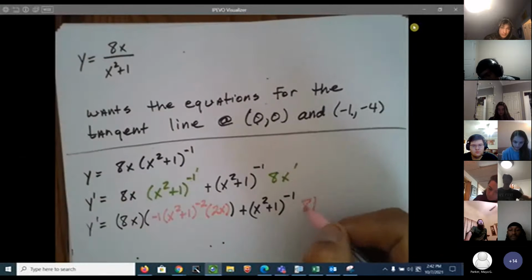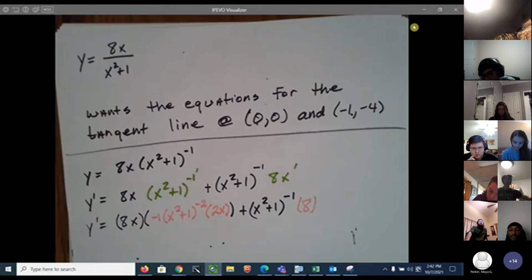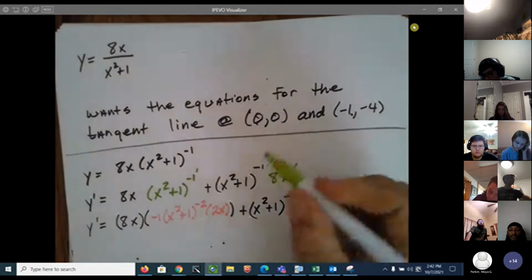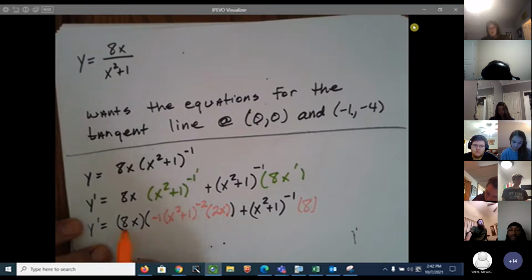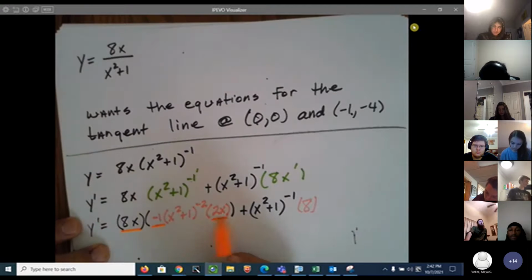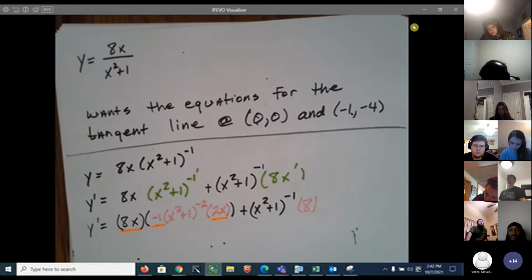And I'll put that in parentheses. And I'm going to use an orange pen. I'm going to take this term and this term and put them together.